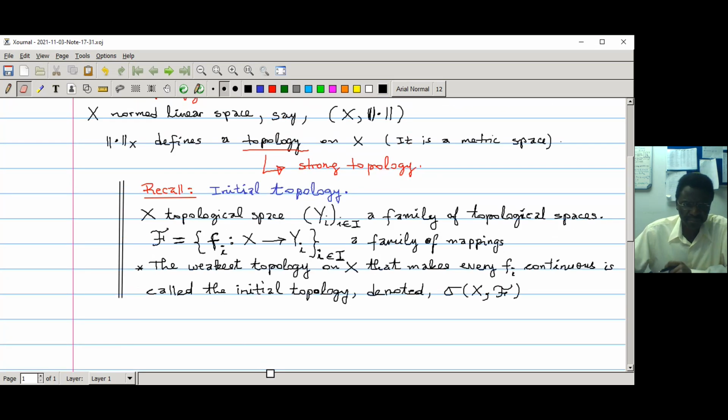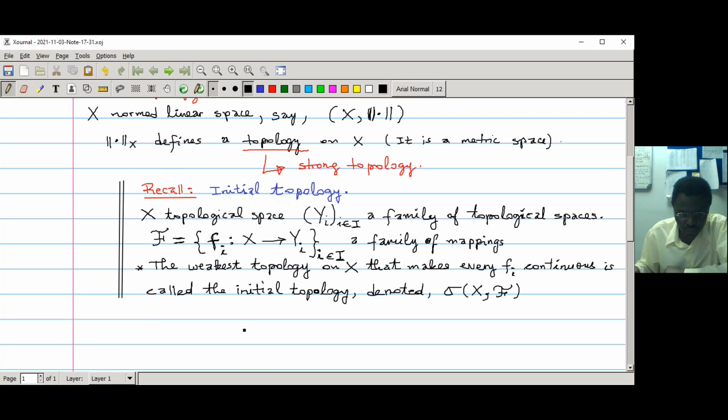Now, what did we say here? We said the weakest topology on X. Weakest. You see the name weak again comes here. And if you remember what we mean by weak, it just means the smallest topology.